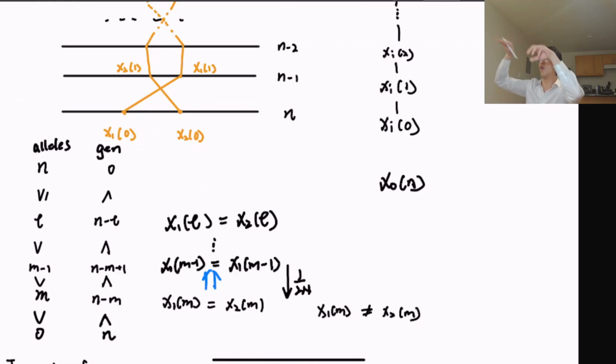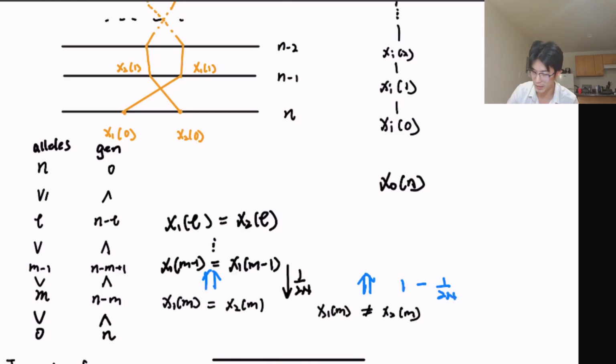So it is 1 over the entire previous generation, which is 1 over 2n. But if it's different, then it is 1 minus 1 over 2n, meaning 1 minus the probability that their parents are the same. So let's go backwards. This is 1 minus 1 over 2n.